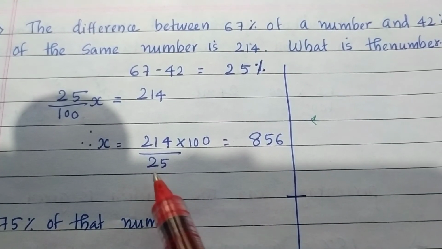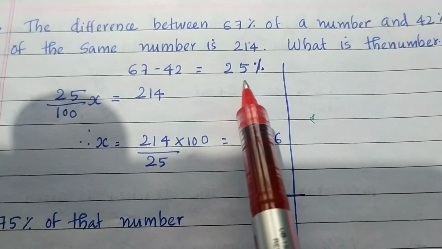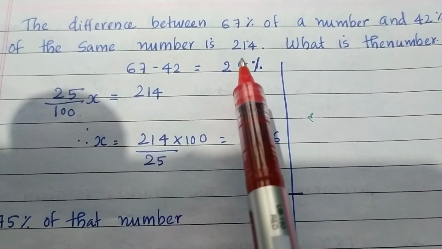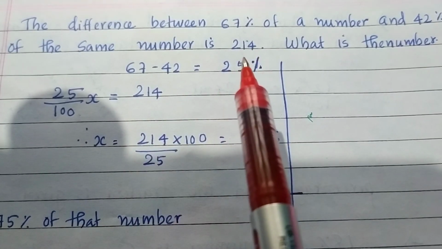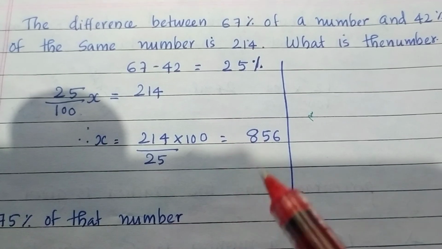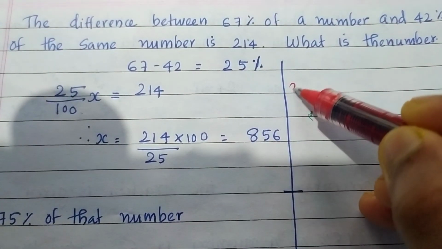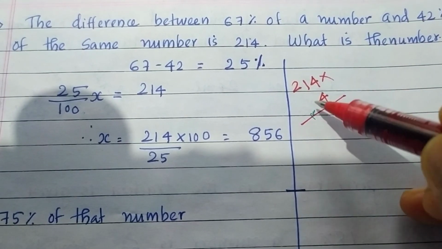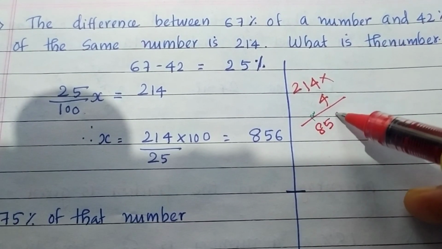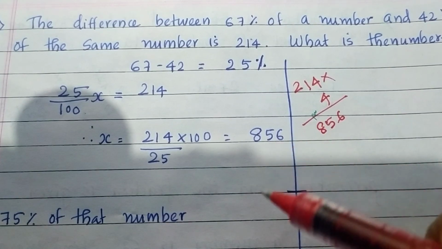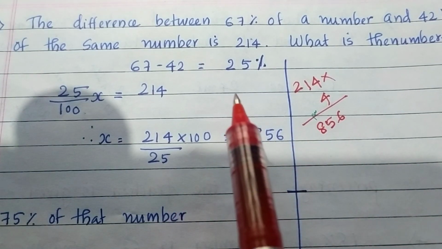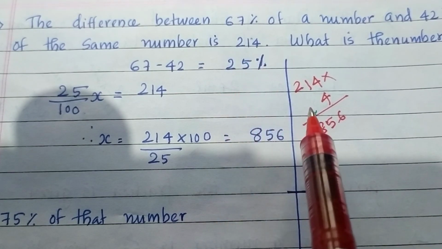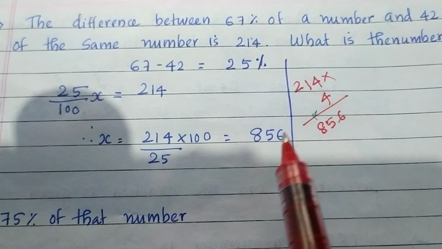Instead of doing like this, we know that 25 percentage is 1 by 4. So 25 percentage of a number is 214, means 1 by 4th of a number is 214. So we just have to multiply 214 with 4 to get the original number, that is 856. So in this way also we can find it quickly. 1 by 4th of the number is 214. So to find the total number, we just multiply 214 with 4.